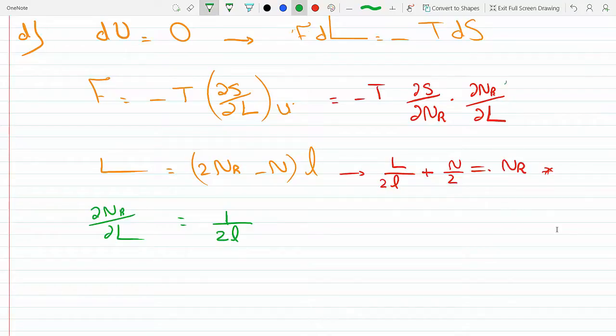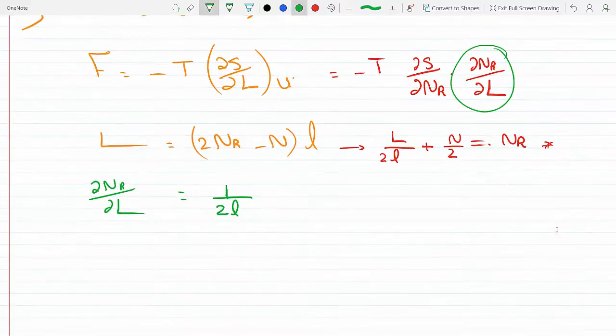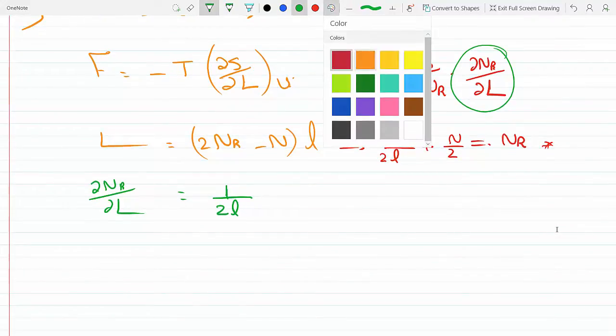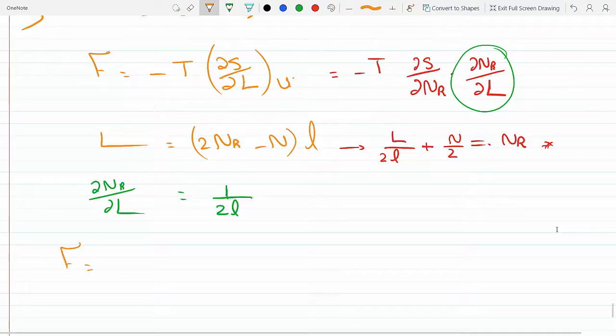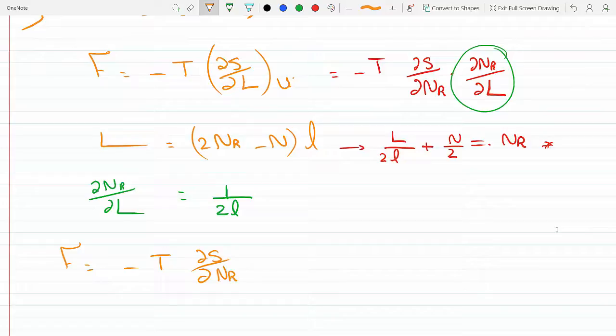And now I could replace this with 1 over 2l. So my force becomes minus T dS over dnr, which I will compute from part A as I explained, times 1 over 2l.